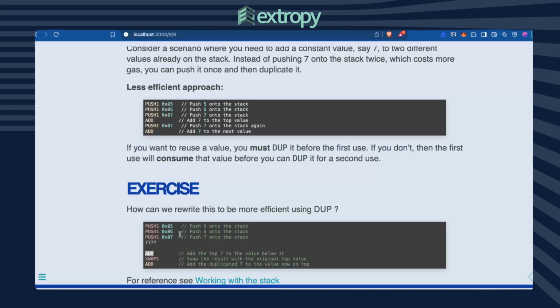So if you do a push of 7 and a dupe, then that means you'll have 7 on the stack twice, which is what you want, because otherwise it would disappear. But then you need to do some swapping as well, because you're going to need to get rid of the result that you had earlier on. So you do need to do a little bit more manipulation as well.